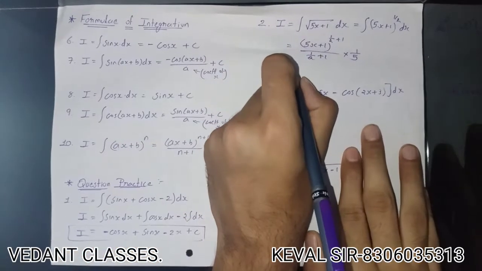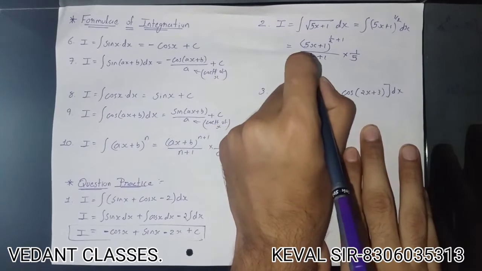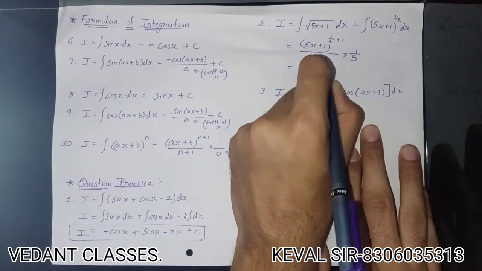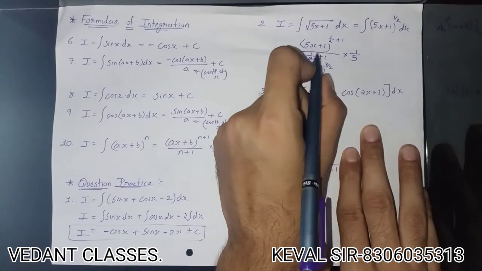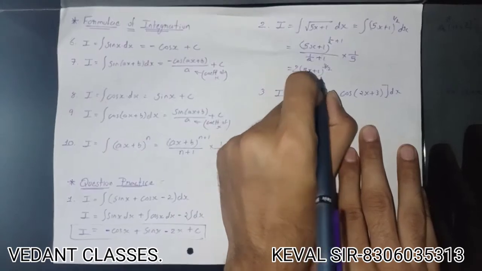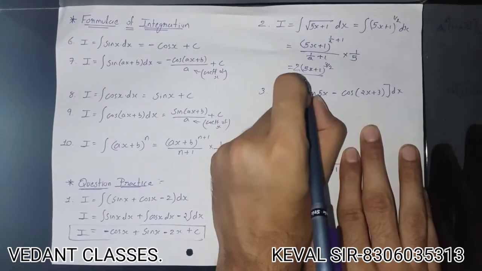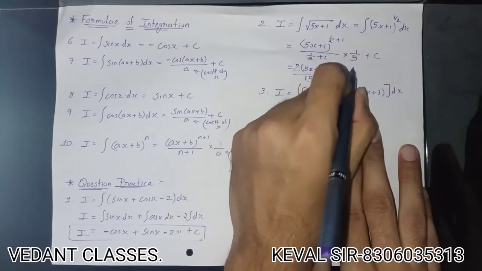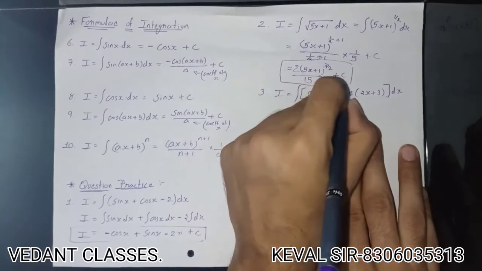Okay, so this will be 5x plus 1 raised to 3 by 2, and this will be 3 by 2, taking 2 in the denominator, so this will be 2, and this will be 3 into 5, so it will be 15, plus c. Okay, so this will be your answer for this one.